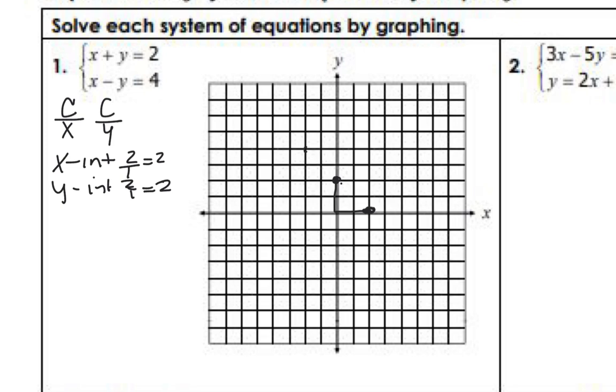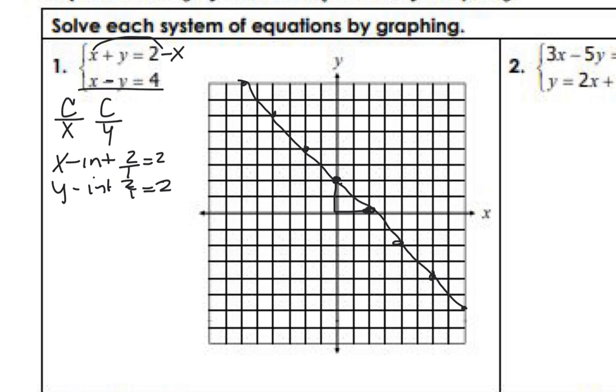So you could graph some more points that way. The other way, of course, is to put it in slope-intercept form. I'd just bring this x over and subtract it, so it'd be -1x plus 2. Y-intercept's 2, down 1 to the right 1, and draw your points.